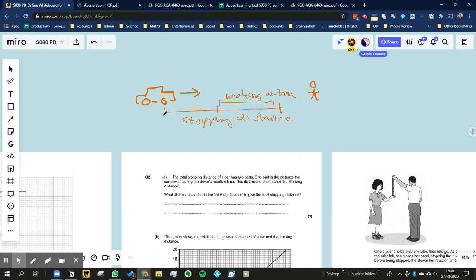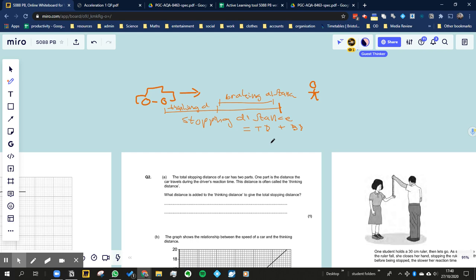If he's going at 30 miles per hour, he's also going 30 miles per hour for this entire distance. This distance here is called the thinking distance. So the stopping distance is equal to the thinking distance, which I'll call TD, plus the braking distance. So that's the easy bit.